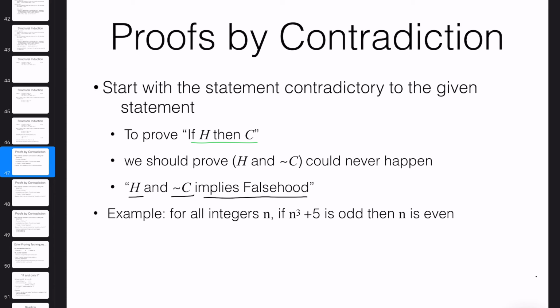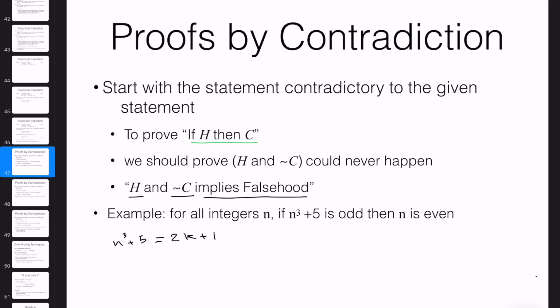I can prove this by contradiction. So basically what I would do is assume n power 3 plus 5 is odd. So you can write it as 2 multiplied by k plus 1, for some k, I don't care what it is.